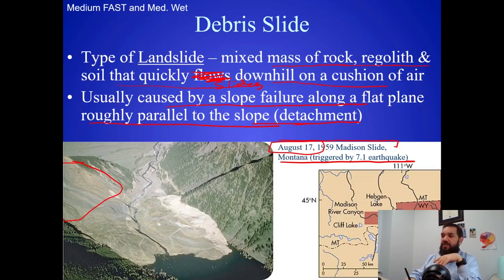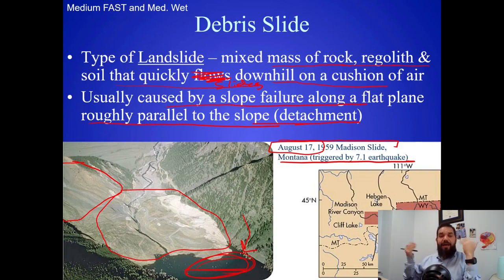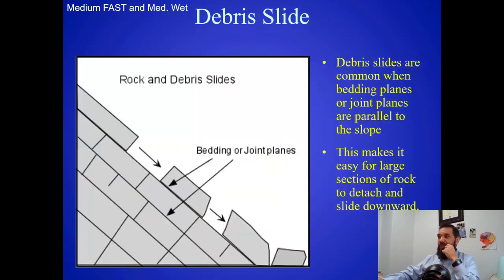It choked the Madison River Canyon and created a lake. This lake you see right here did not used to exist until the river was choked by the landslide, by the debris slide. After the earthquake, it was called Quake Lake. So that gives you an example.